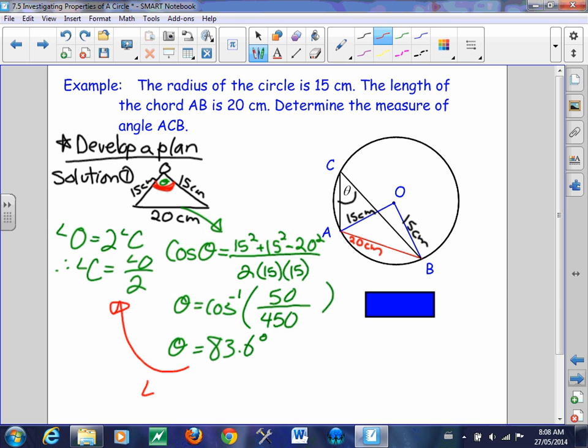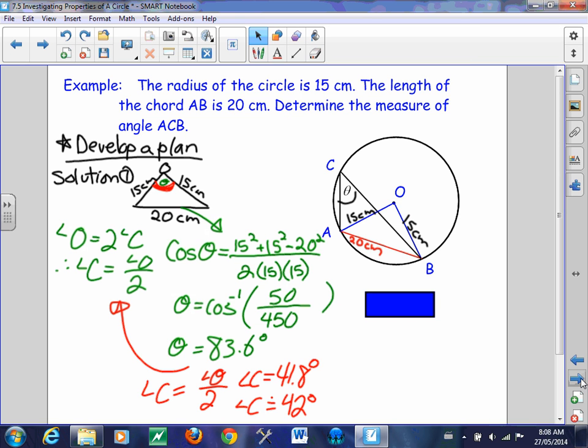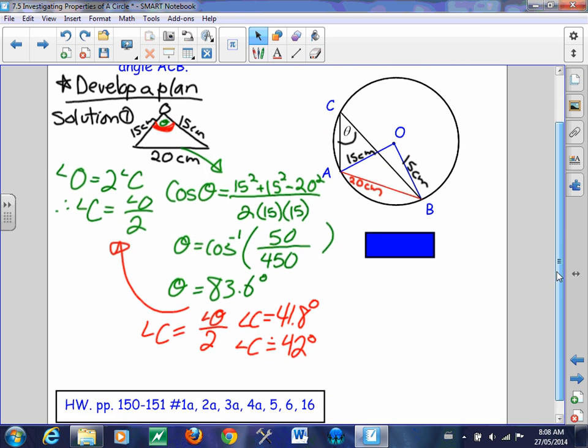We know that angle C equals angle O, or theta, divided by 2. So angle C equals 83.6 divided by 2, which is 41.8 degrees. So angle C equals approximately 42 degrees. So that's method 1, using the cosine law.